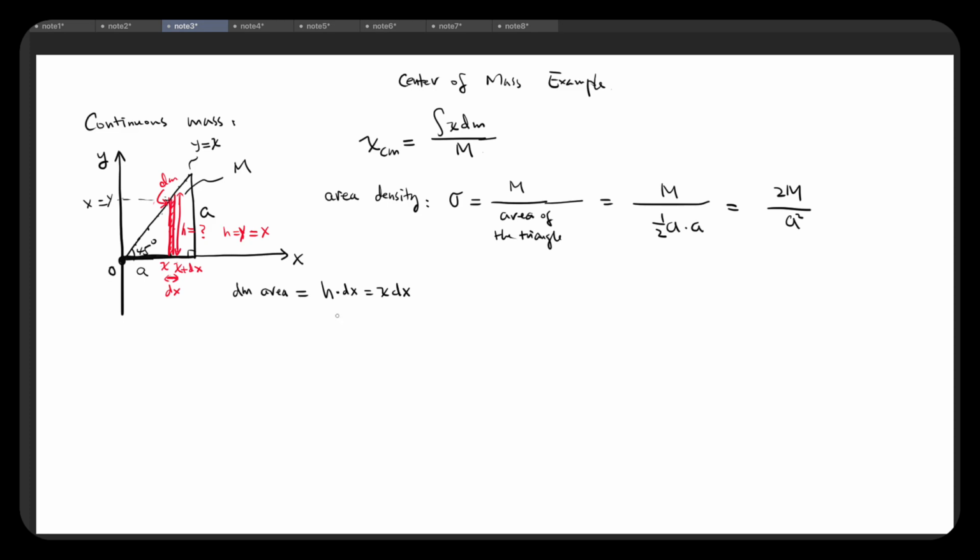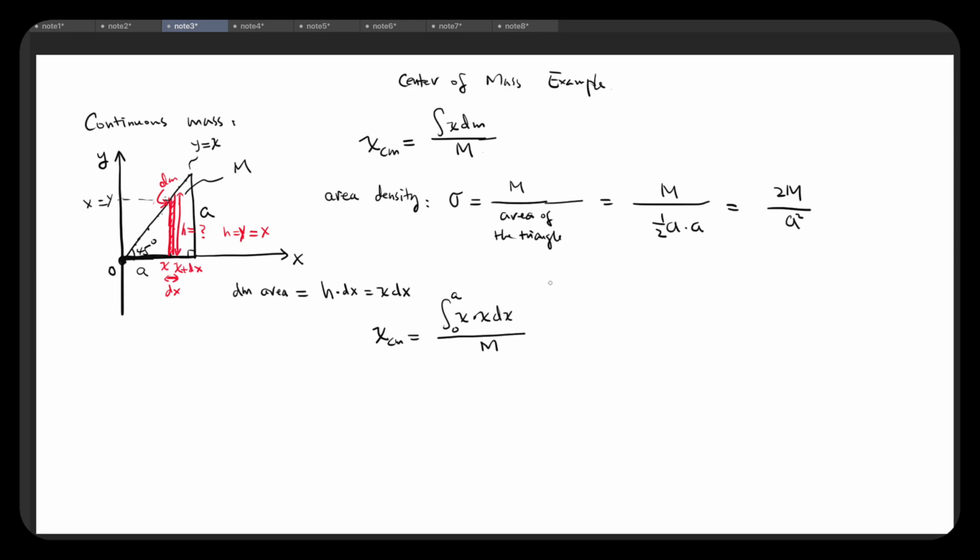So now we have everything we need to write out the x center of mass. x center of mass equals the integral of x dm, where dm is x dx, and the integration goes from the lower bound of x, which is 0, to the upper bound a, so from 0 to a, and then divided by M.